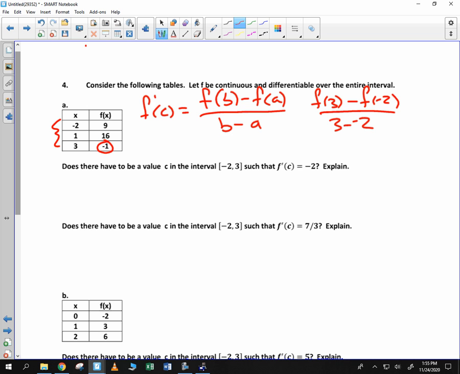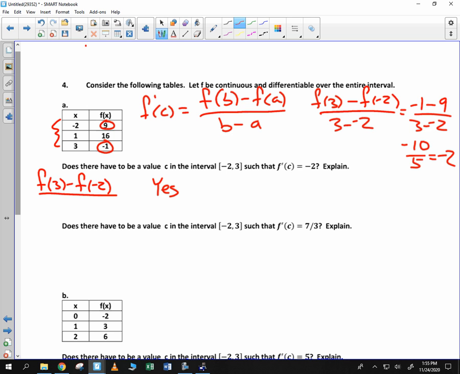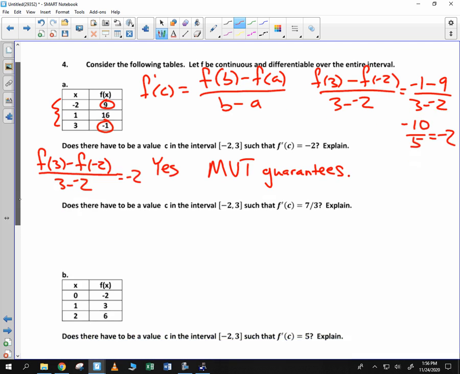F of 3 is -1 minus f of -2 is 9 divided by 3 minus -2, and you get -10 over 5, which is -2. So yes, there is, because f of 3 minus f of -2 over 3 minus -2 is equal to -2. So the mean value theorem guarantees that there's going to be a spot where the derivative is exactly -2.